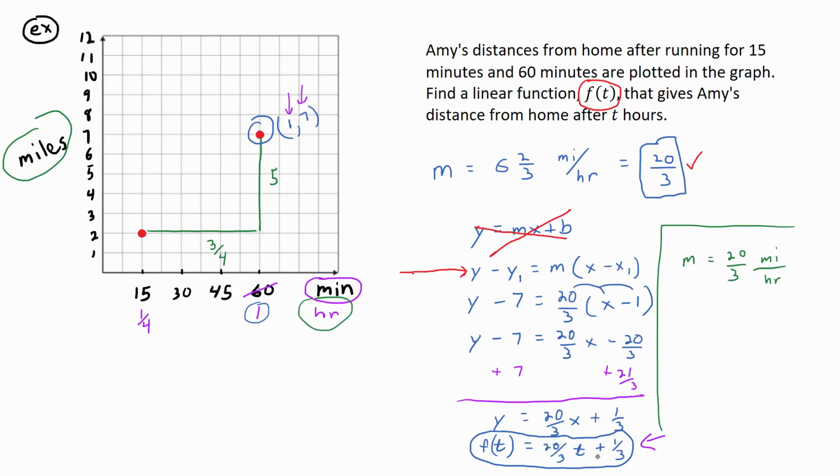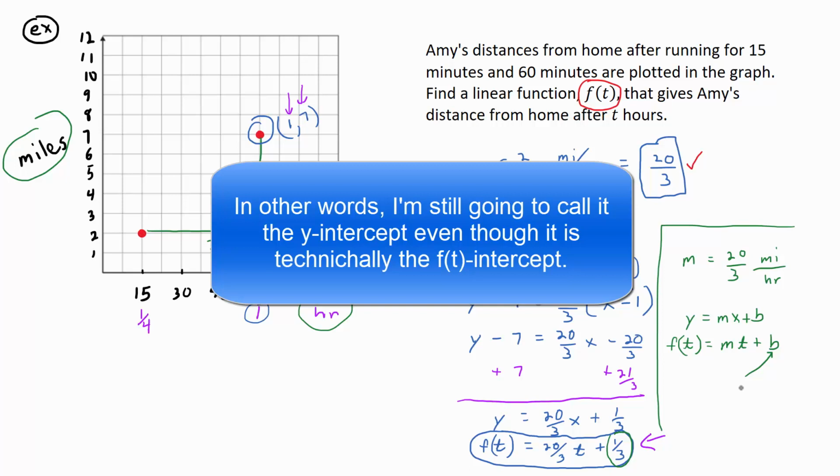But I also want you to think about what this 1/3 represents. It's the y-coordinate of the y-intercept. If you think about y equals mx plus b form, well, that's not quite how we're writing it here. Here it's f of t instead of y, and t instead of x, so f of t equals mt plus b. But we could still designate the y-coordinate of the y-intercept as b, and it is 1/3.